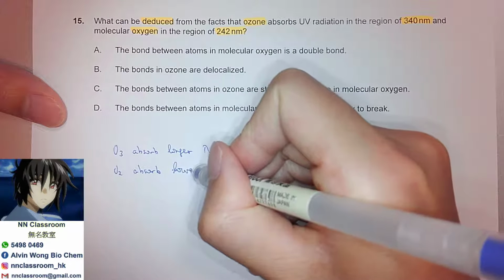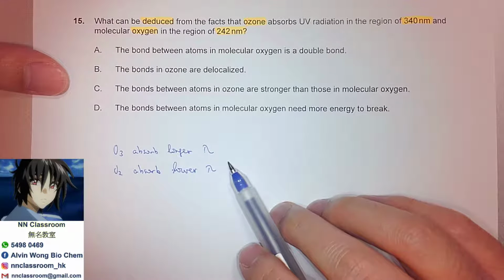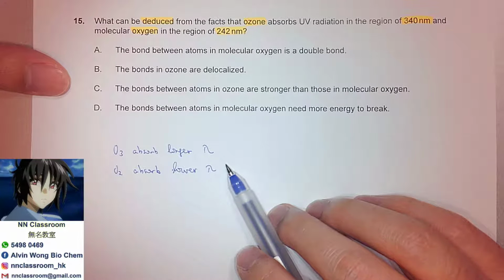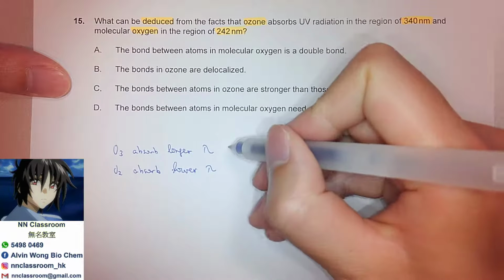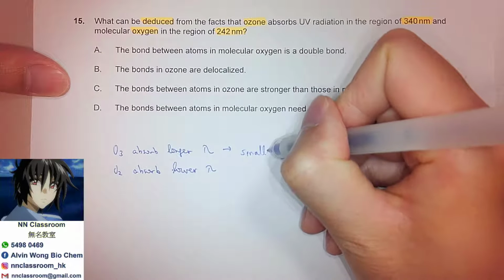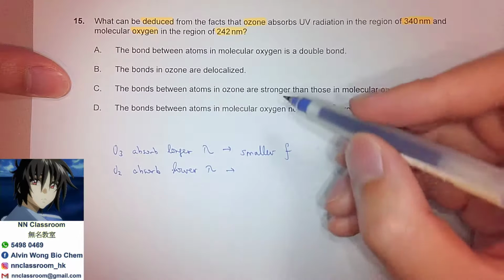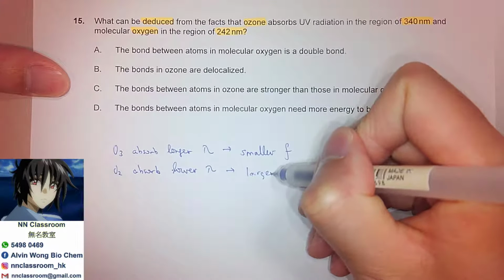while O2 absorbs lower wavelength. As we have deduced before, wavelength is related to frequency, which has an inverse relationship. So if you absorb a longer wavelength, that means you need a smaller frequency, and in contrast, O2 has a larger frequency.